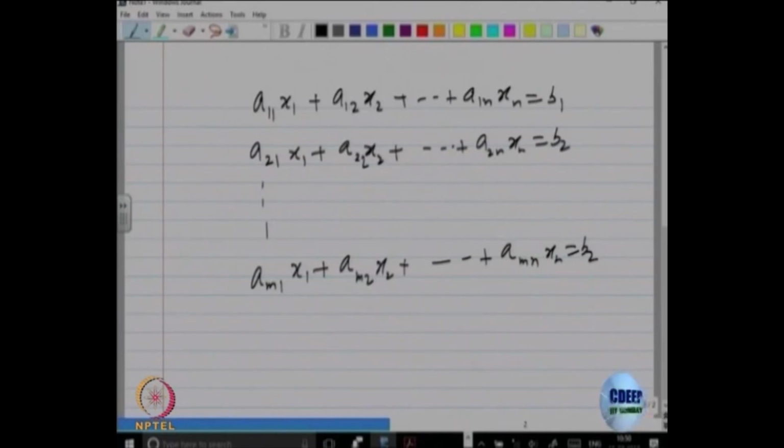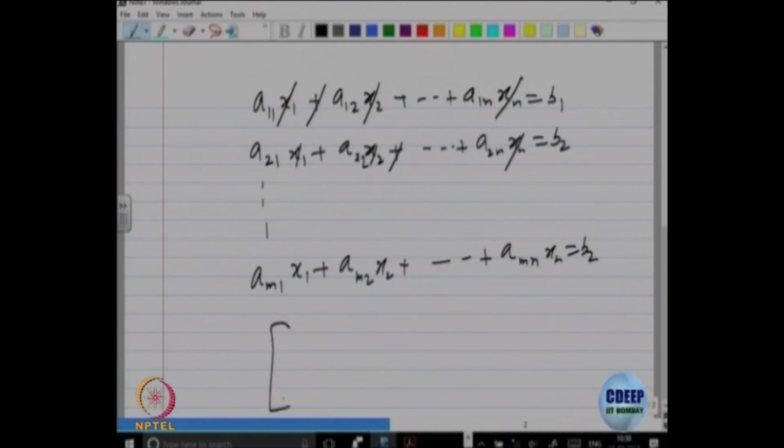So, as I said, the coefficients are not really important, right. So, let us forget the coefficients. Forget the variables and the operations on them. So, what will I get?